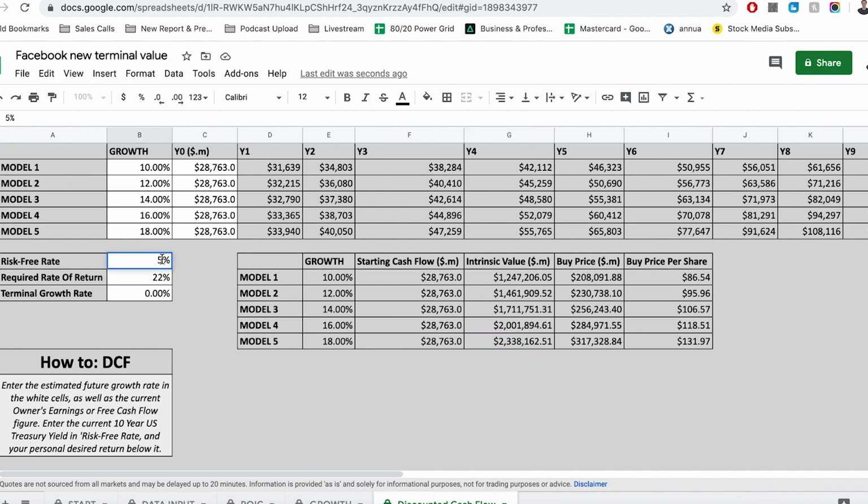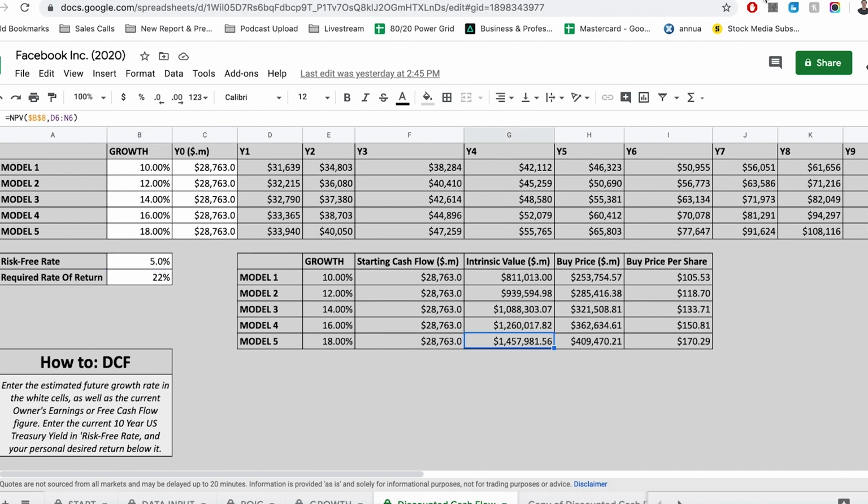But as I mentioned, if we're in a really low interest rate environment like we are now, where interest rates are about 1%, then you're going to notice a substantial difference.